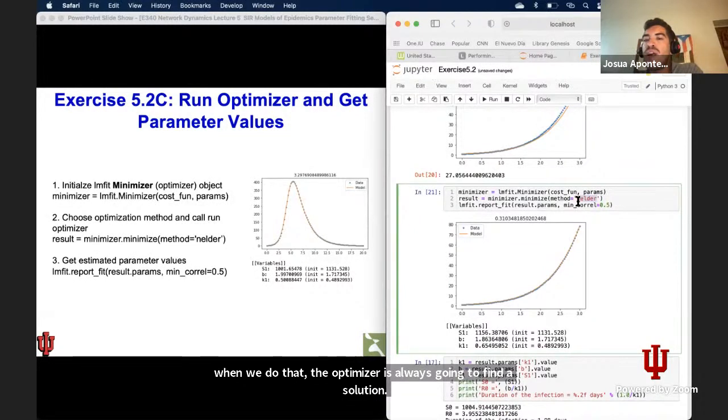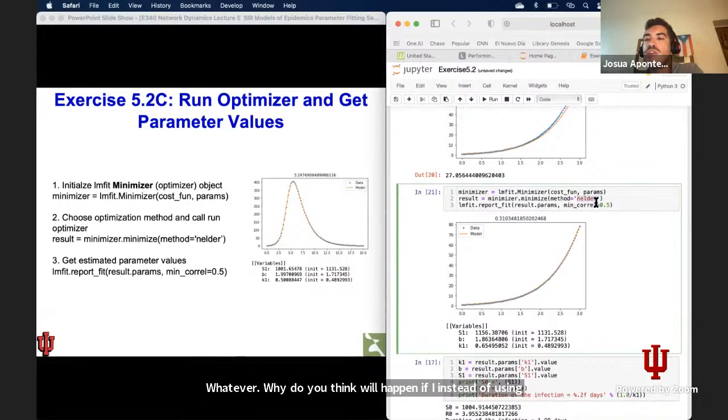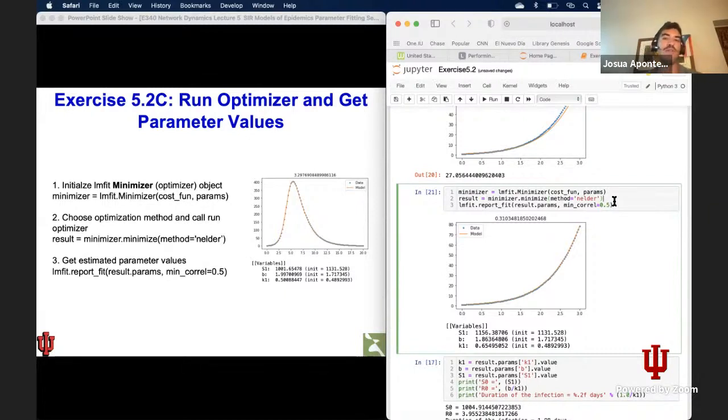What do you think will happen if, instead of using a local optimizer here, I use a global optimizer? Because the global optimizer is way less dependent on what the values of the initial guesses are. Any ideas? I mean, you can run it yourself.